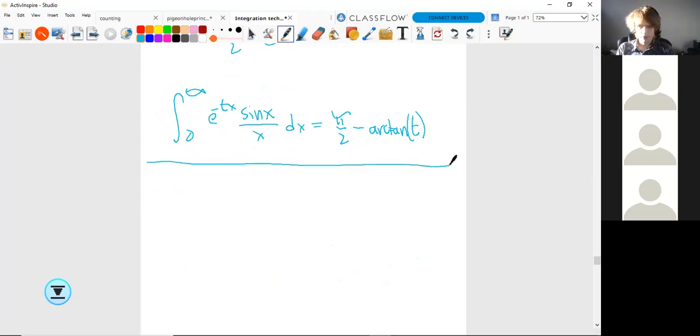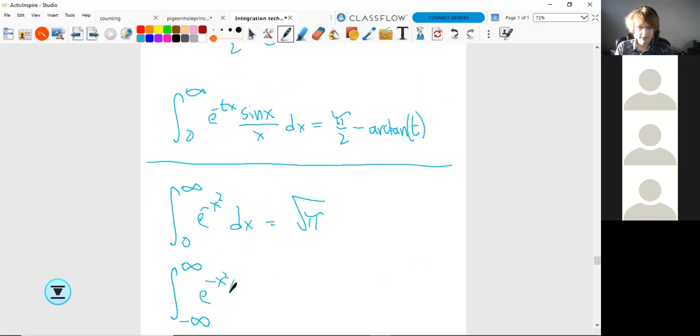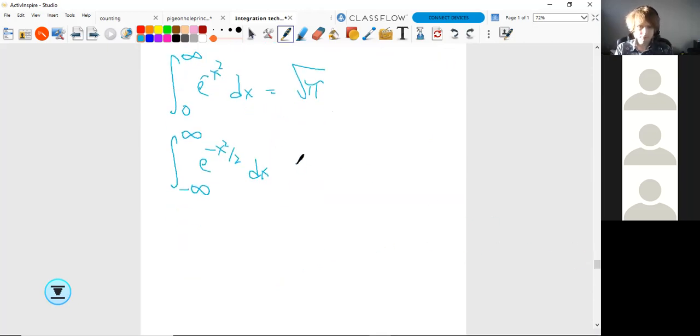Before, what we proved using polar integration is the integral from 0 to infinity of e to the minus x squared dx is equal to the square root of pi. And a form of this that comes up a lot in statistics and Fourier analysis and a bunch of other places in differential equations is this one, and that's equal to the square root of 2 times pi.